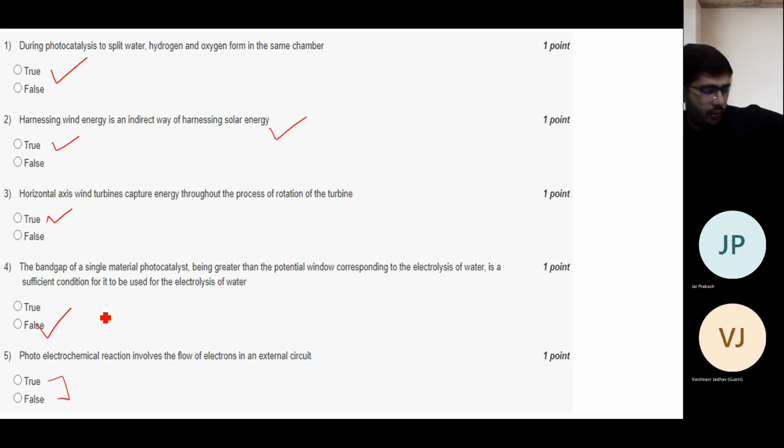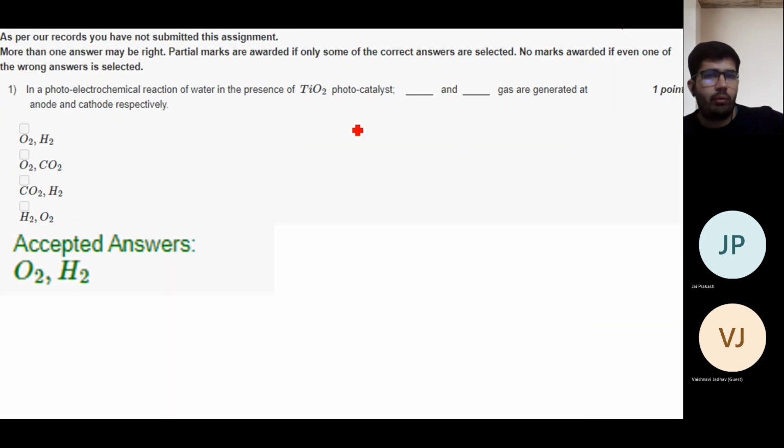When we are doing the photoelectrochemical reactions, the flow of electrons in the external circuit is there. So it's true. These are the questions for today, but we still have 10 minutes left, so let me revisit the questions, and if you have any doubt regarding the questions, let me know.